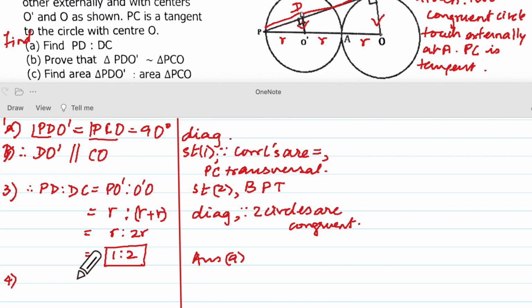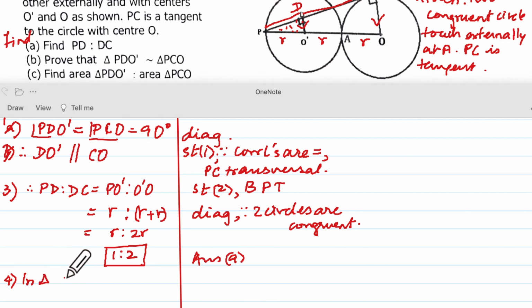Good. Okay. Now we have to prove that the two triangles, which one? This triangle and the big triangle, they are similar. How will we say?